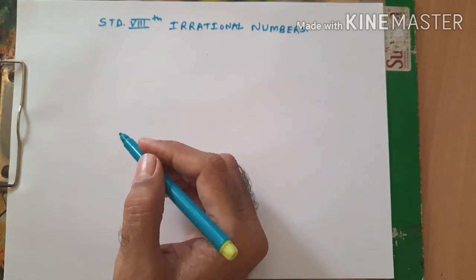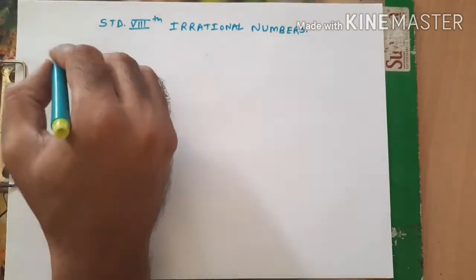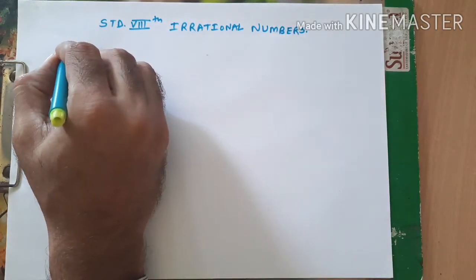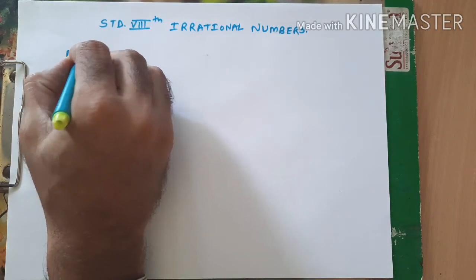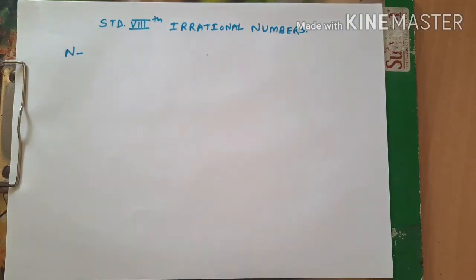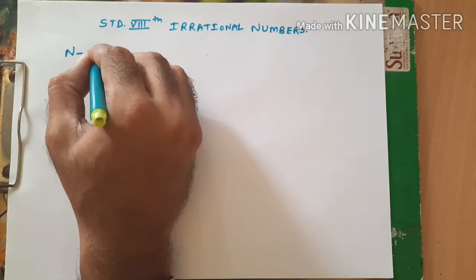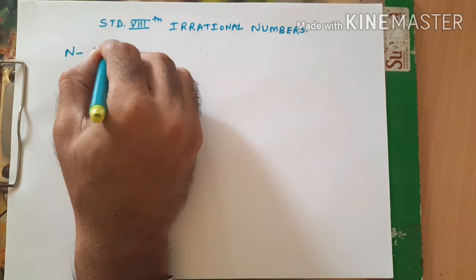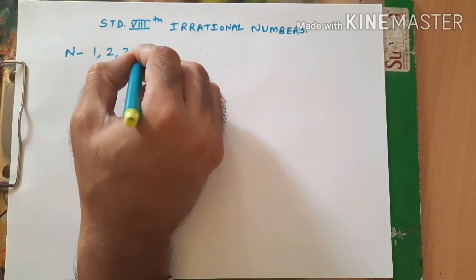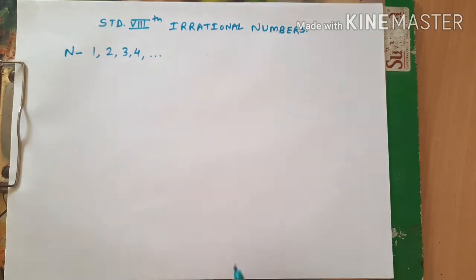So, the first set of numbers you have studied is natural numbers. It is denoted by letter N. So can you tell me what are natural numbers? Yes, natural numbers start with 1, 2, then 3 and 4 and so on.